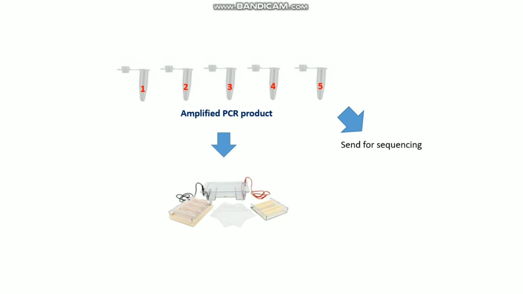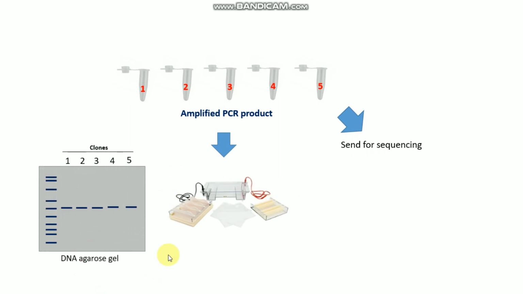For that you need to run a DNA agarose gel. Here, as I have shown, for example, all of the clones are showing the right size. Once you confirm that all of the clones are the right size, you can directly send out this PCR product for sequencing.